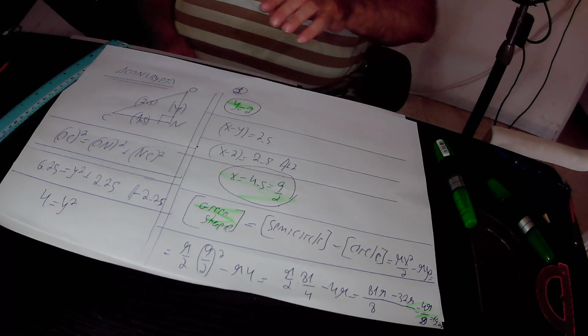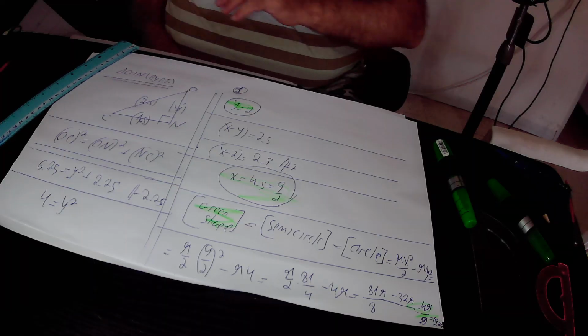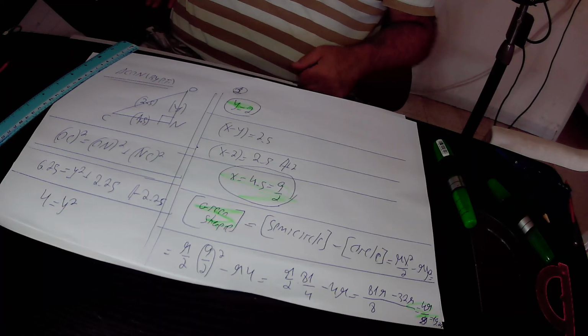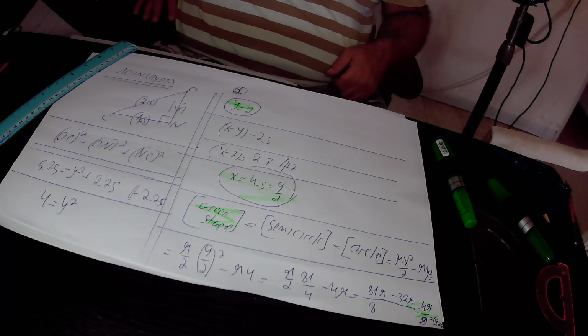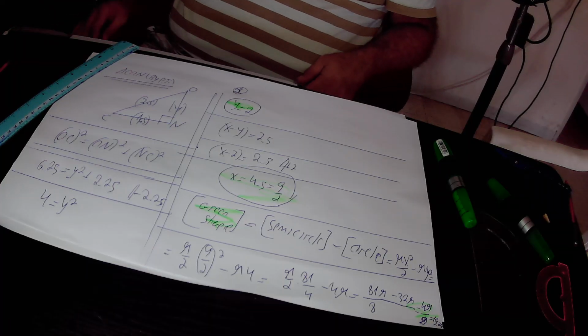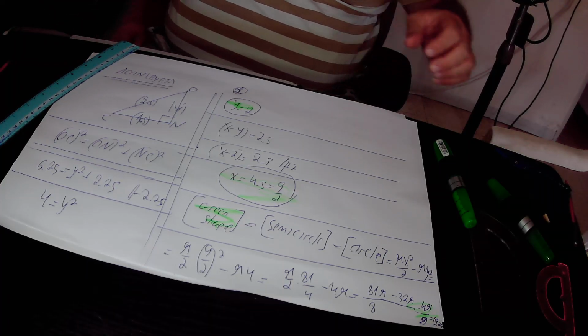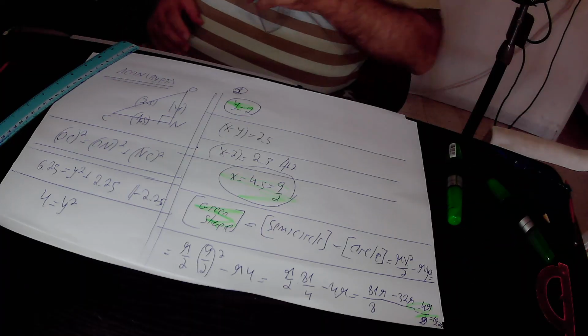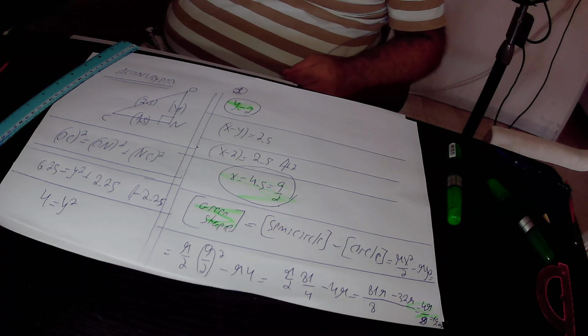In this right triangle OCN, OC squared, that is the square of the hypotenuse, equals ON squared plus CN squared.